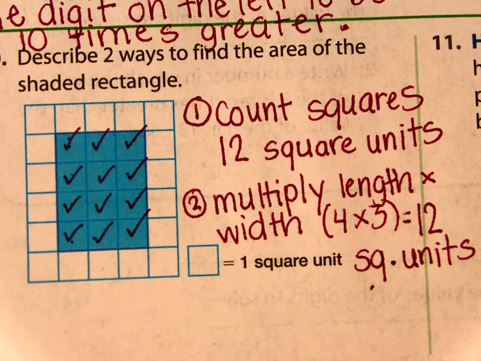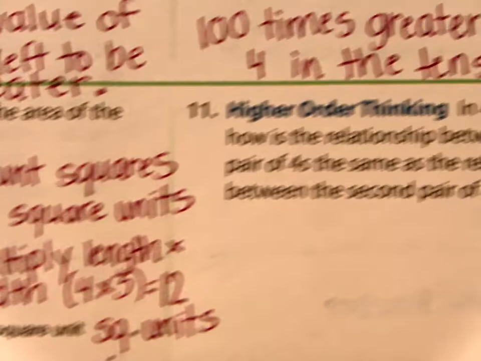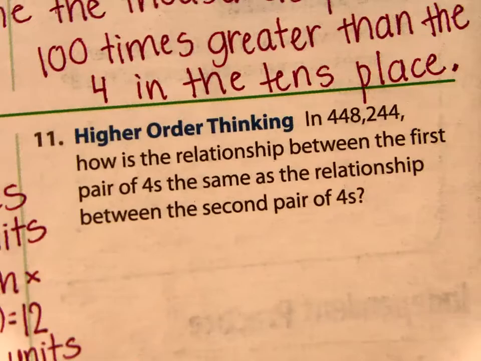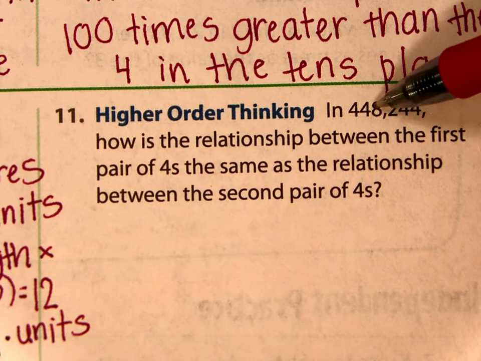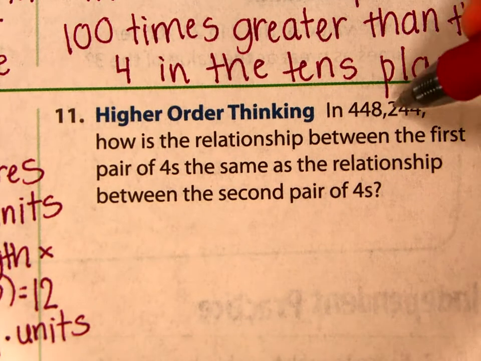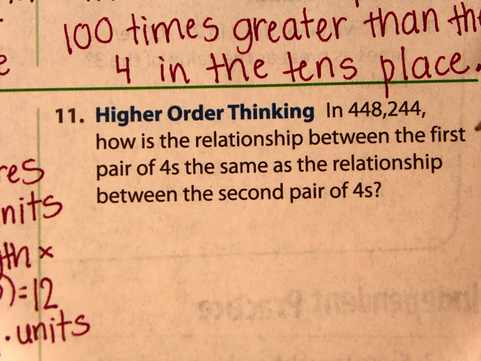Okay, last one. Number 11. In 4,400, or sorry, whoa, you know what? This is a big number. And we're going to talk for just a moment about how mathematicians can read that number.